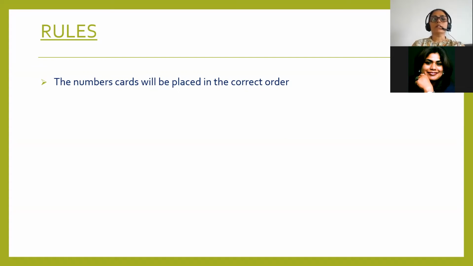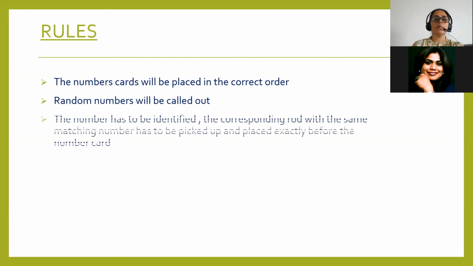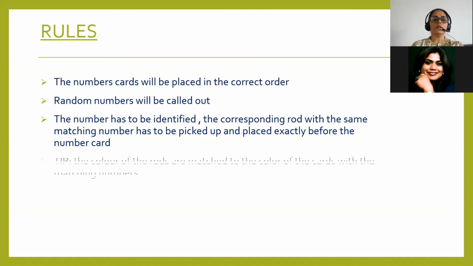I'm going to be placing the number cards in the correct order, from 0 to 10. Random numbers will be called out, and one of you can come ahead and identify the number. You have to match it with the corresponding rod, and that has to be picked up and placed exactly before the number card.